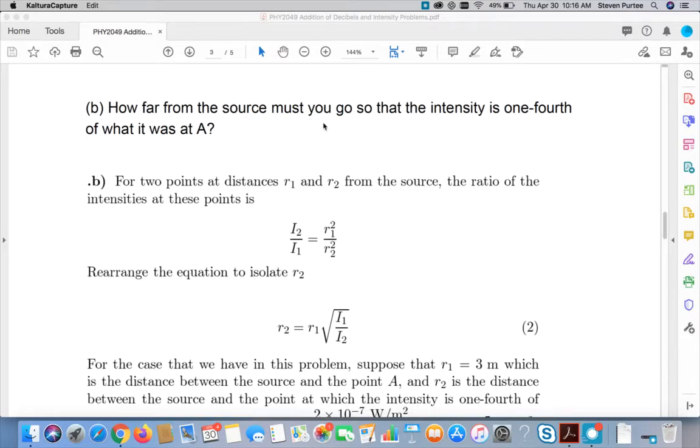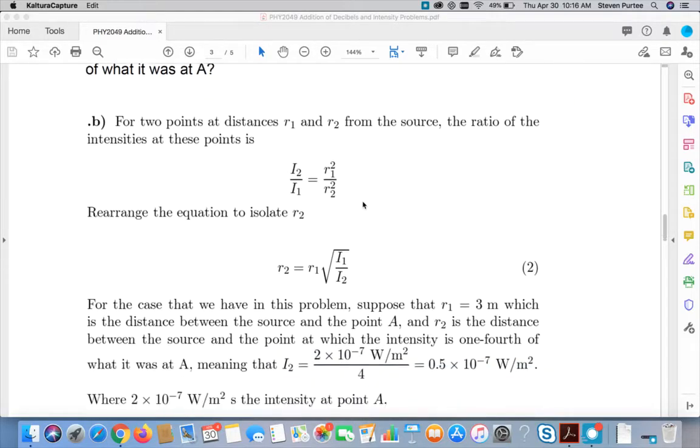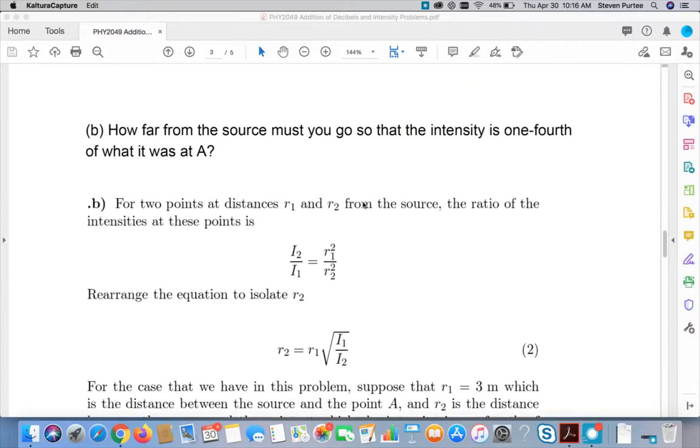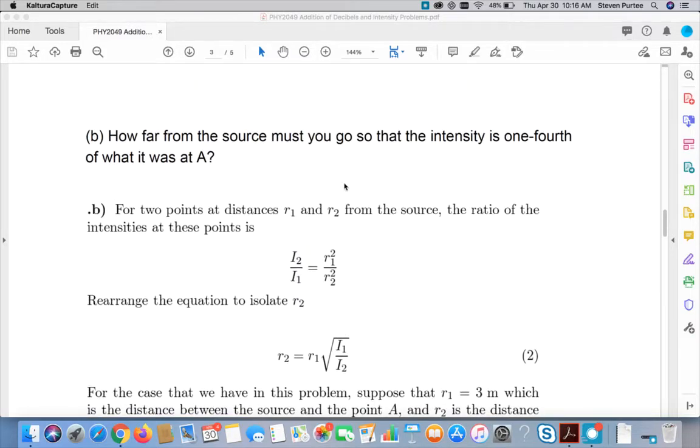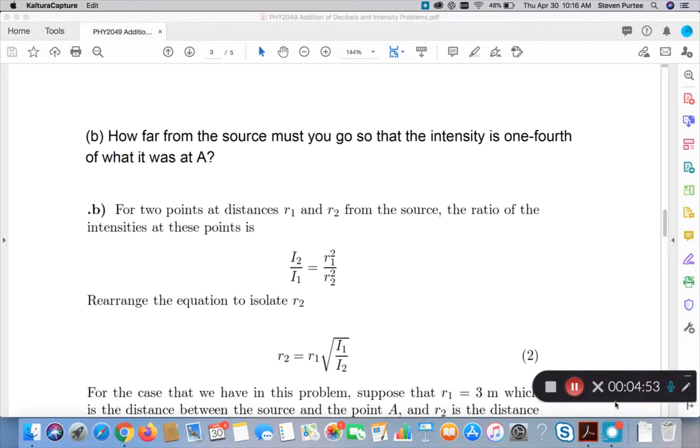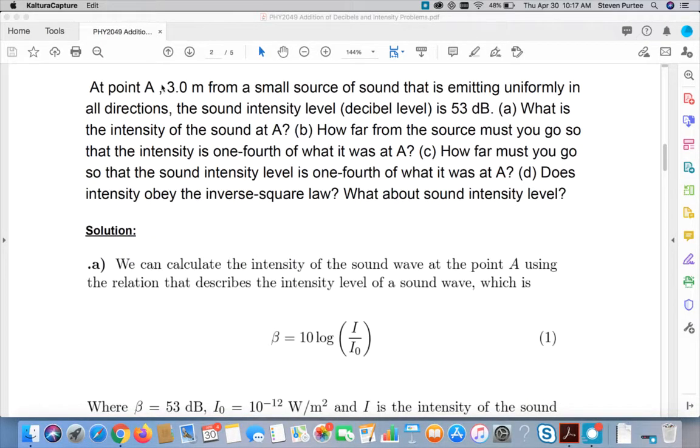Part B says how far do you need to go to get 1/4 the intensity? Well, remember, intensity drops off like 1 over r squared. We really don't have to go through a bunch of math here. A is 3 meters from the source.